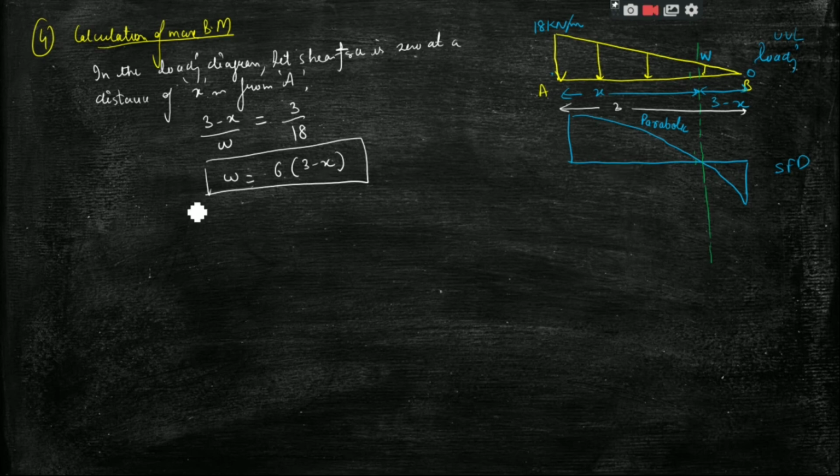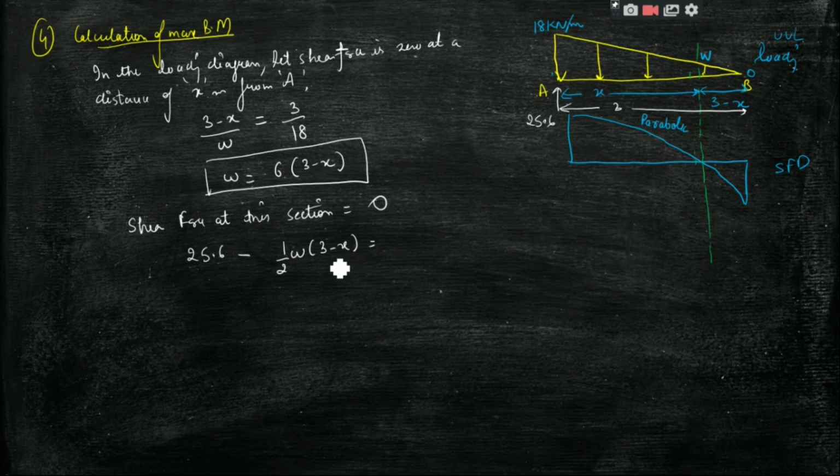Now we know that shear force at this section is 0, so we will write the equation for shear force at this section. Here we have a reaction 25.6. So 25.6 minus the UVL at this section, which will be half into w into (3 minus x), because we have to convert UVL into point load by taking the area of this triangle.